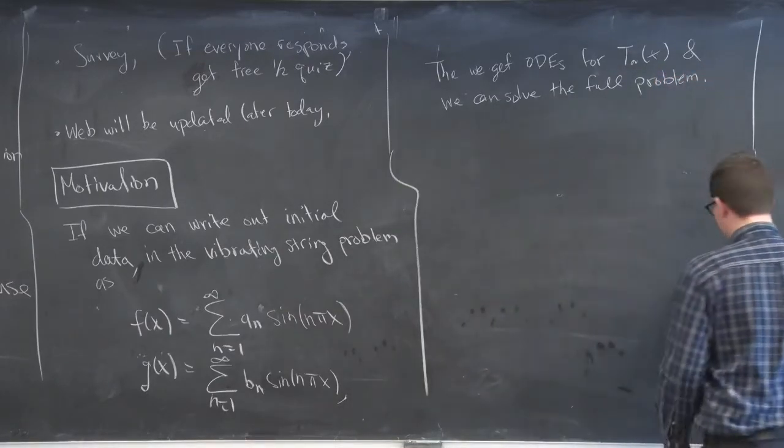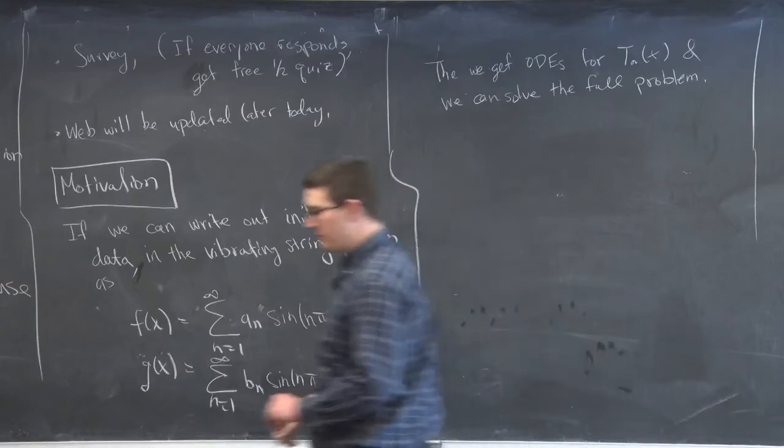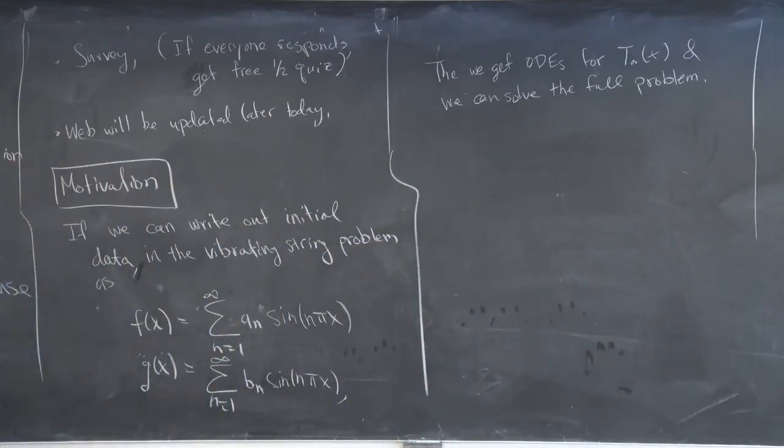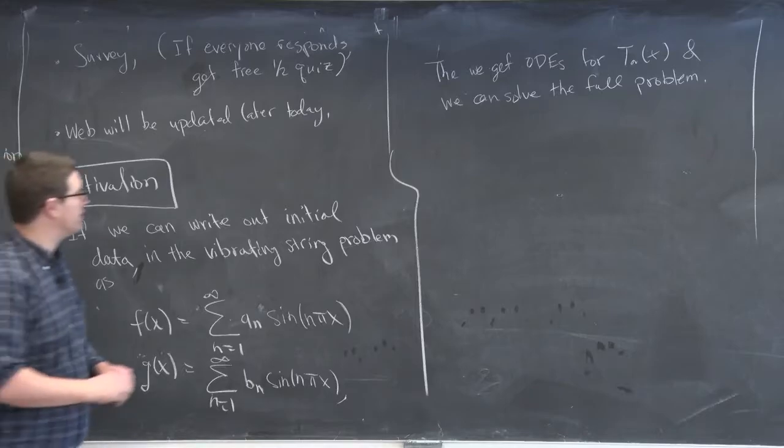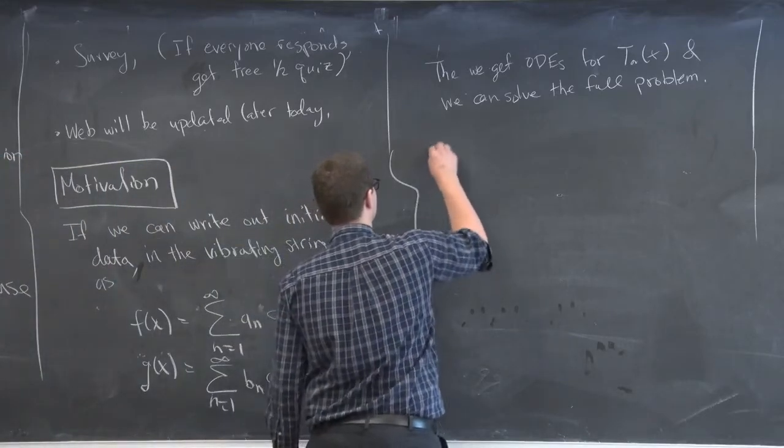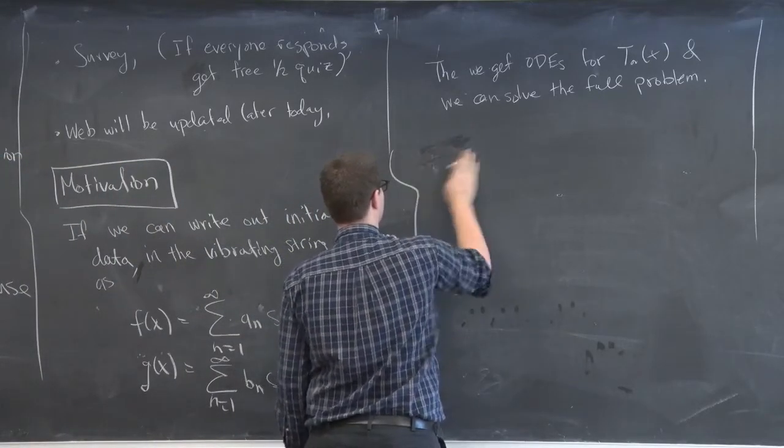Okay, and so I told you that there was like a magic formula for this that Euler gave. Okay, so I'm going to write down the formula, and then I'm going to try and explain where this comes from. Okay, so here's the formula.